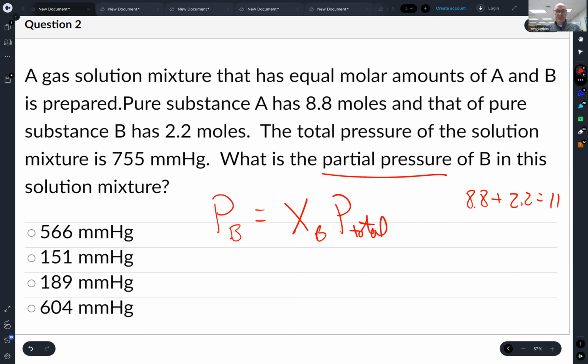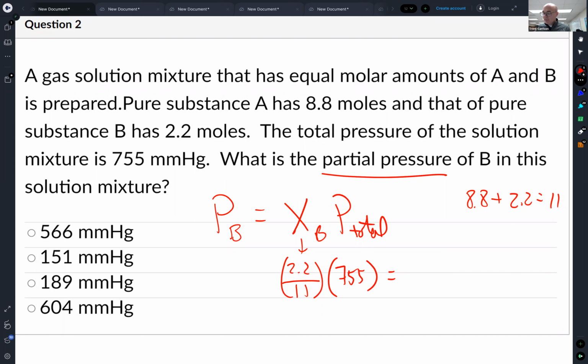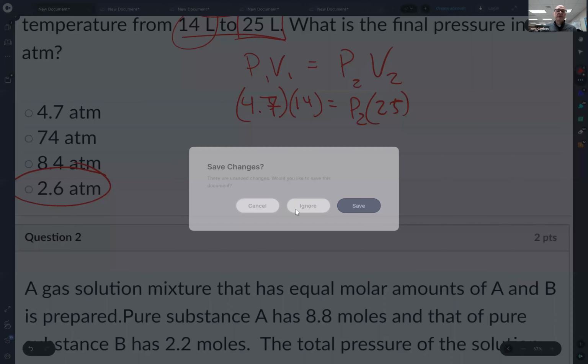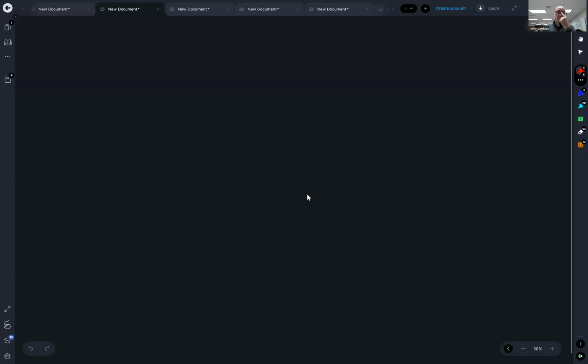That would be 11. So to get my mole fraction, I am going to put 11 on the bottom, and I'm going to put my mole fraction amount of B on top. I'm going to multiply this by 755. So 2.2 times 755 divided by 11, and you get 151.